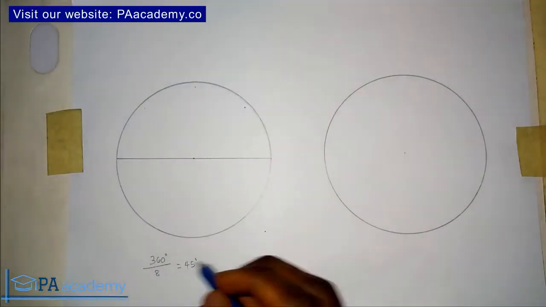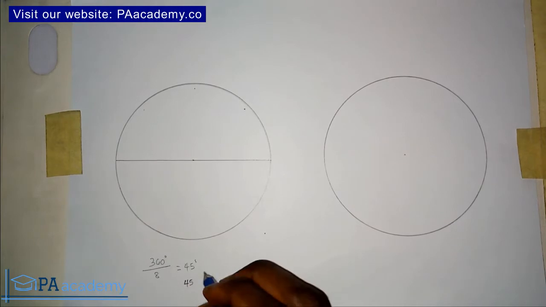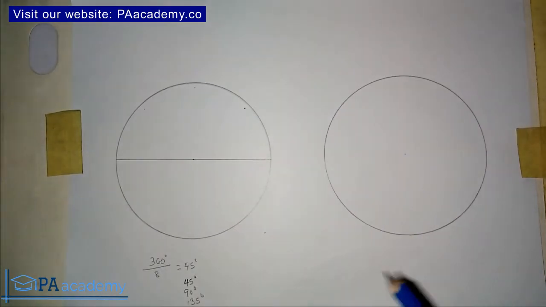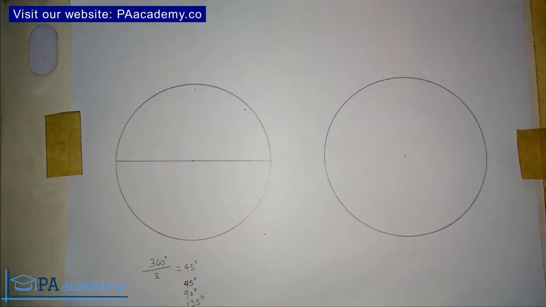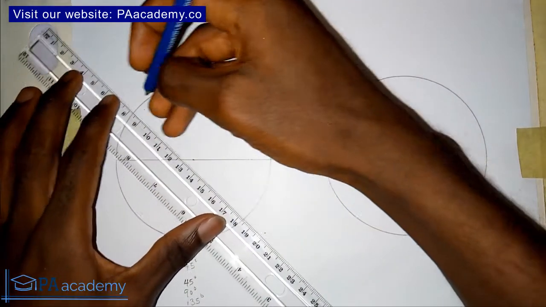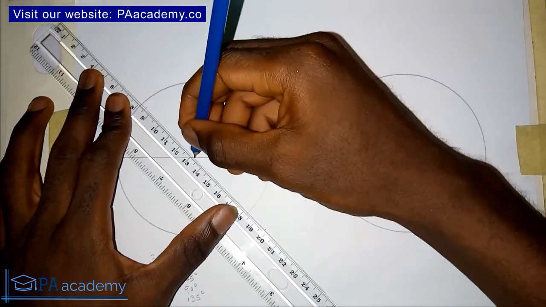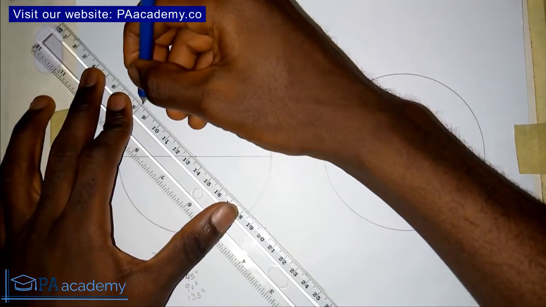So let me write it here. 45 degrees, 45 degrees, 90 degrees, and 135 degrees. Once you've noted those points, the next thing is to join those points. Let it pass through the center of the circle to the other side on the circumference of the circle.